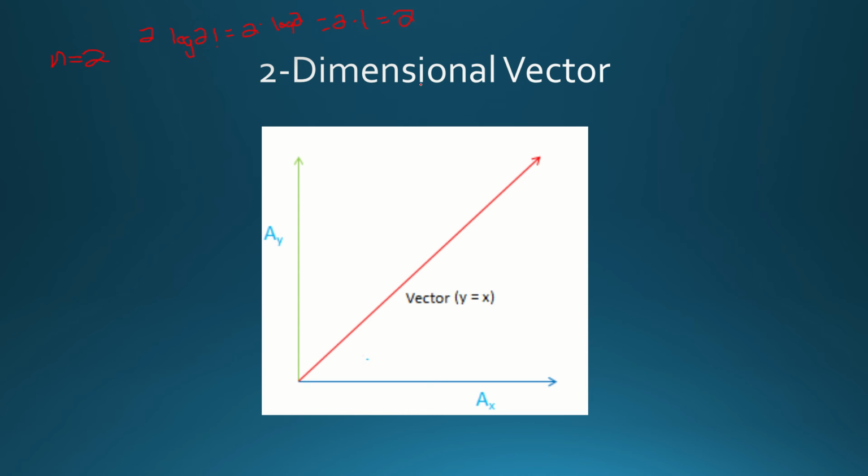So that means there will be at least 2 yes leaves. There has to be a minimum of 2 yes leaves.